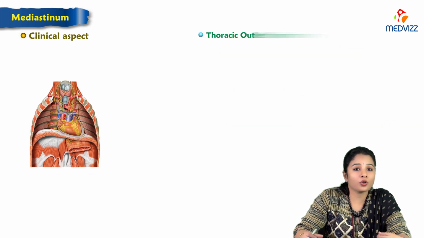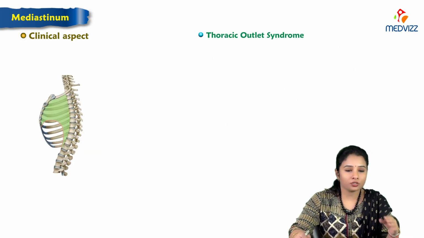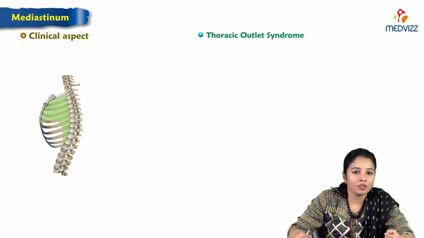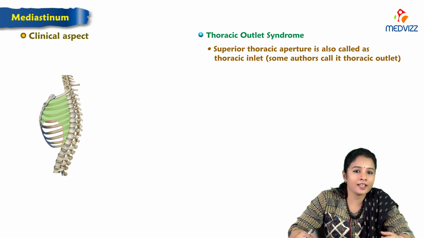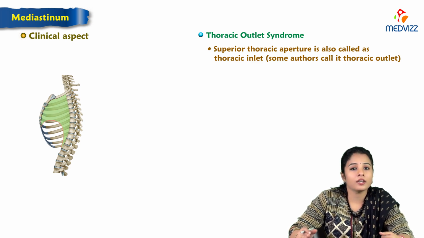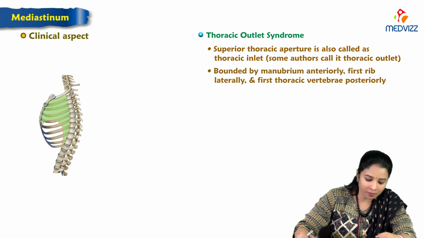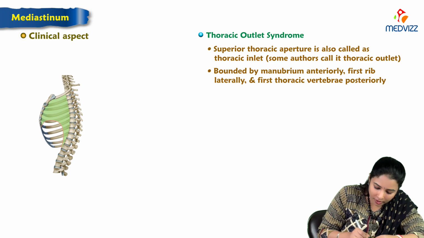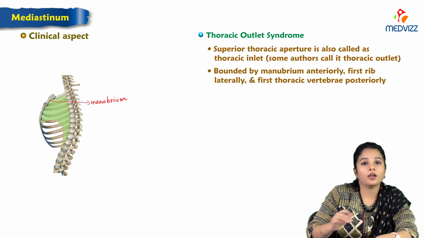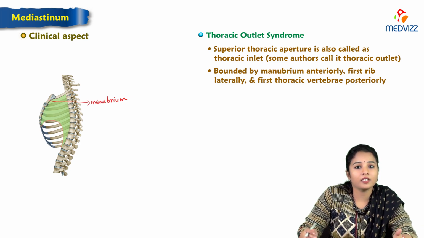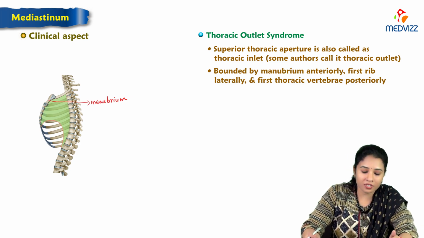Let's talk about thoracic outlet syndrome. We know the superior thoracic aperture, which is also known as thoracic inlet, and some authors consider it as thoracic outlet. It is bounded by the manubrium anteriorly. So, here is manubrium, and on each side it is bounded by the first rib.